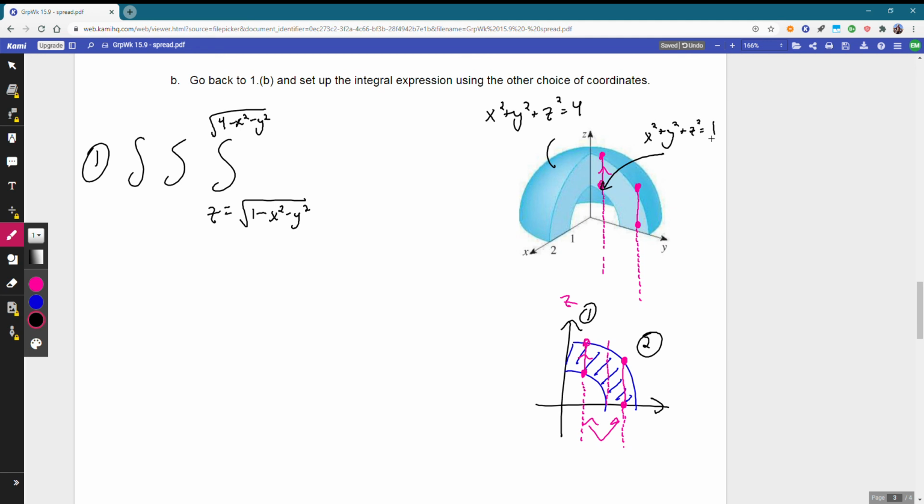And, well, what's the shadow for our integral 1? That's this inside circle here, right, underneath our inside sphere. So it's going to be a unit disk. And so in polar, we can move through that. Right, that's using thetas from 0 to 2 pi and r from 0 to 1.